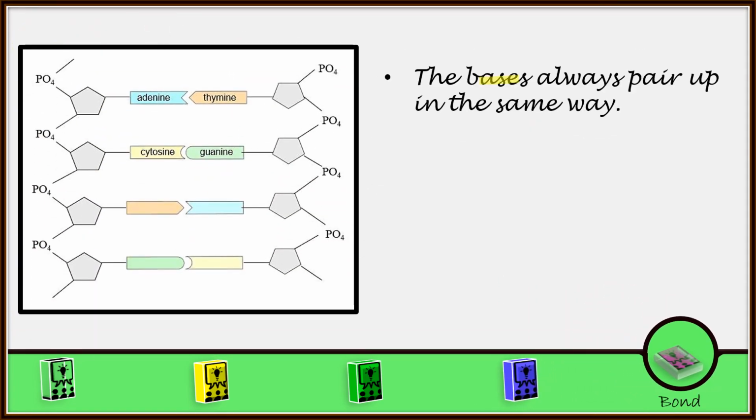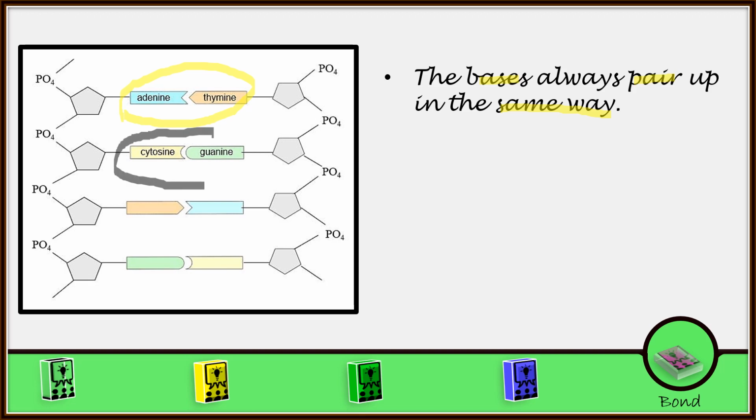The bases always pair up in the same way. For example, if you look here, we have these bases pairing up. Adenine is pairing up with thymine. And again, we have other bases here.